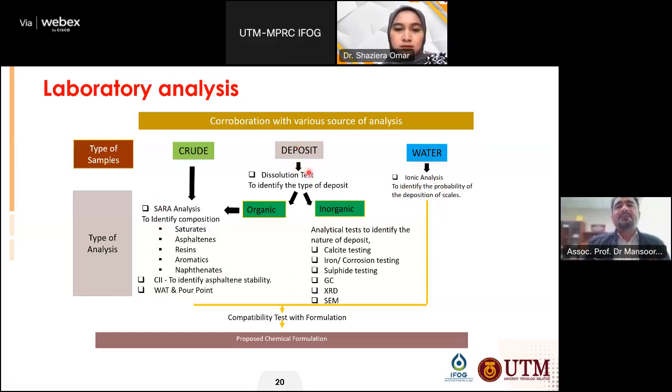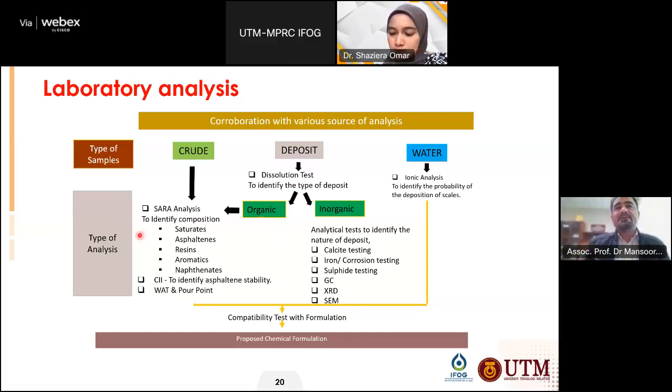And then we need to assess the deposit. We need to assess, for example, if we have any scale or any type. So we need to know, for example, the depth from which this deposit is retrieved, whether it's organic or inorganic.